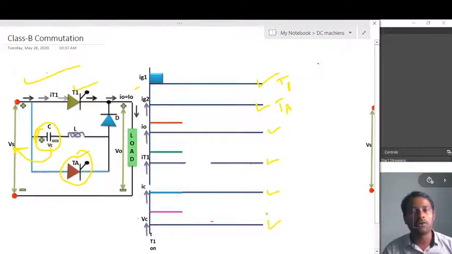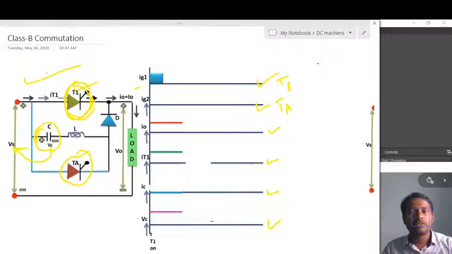Using these waveforms you can understand how the turn off of the SCR happens. Our intention is to turn off thyristor T1, and I will explain clearly in this video how we do it.